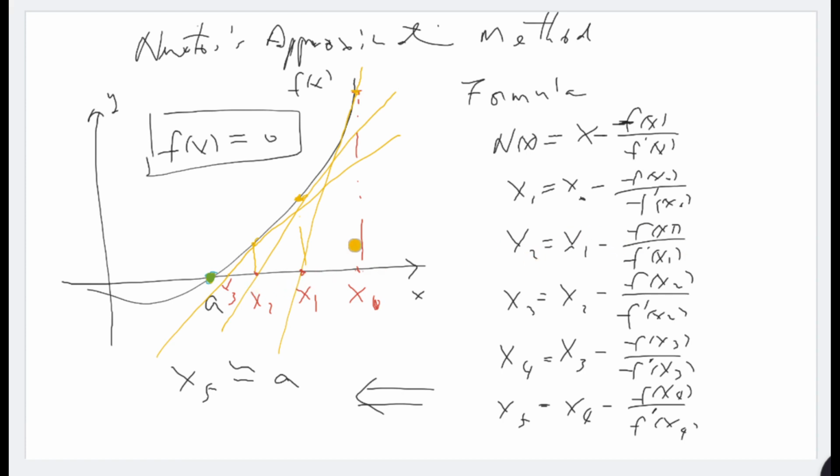All right, so this way we see that all these expressions for the new location take the same exact form of x minus f of x divided by f prime of x.